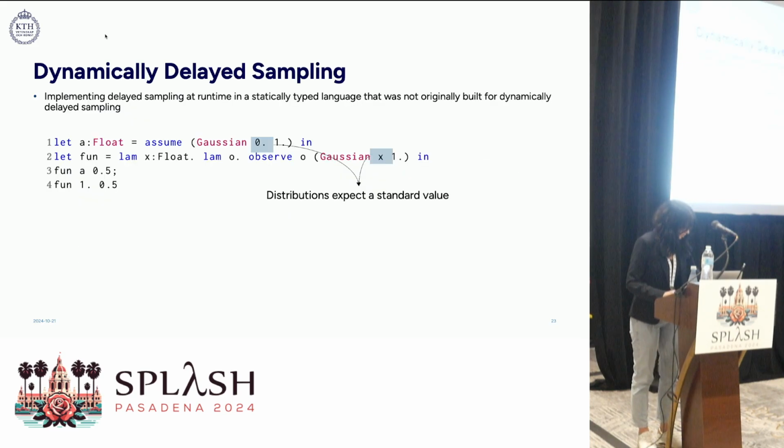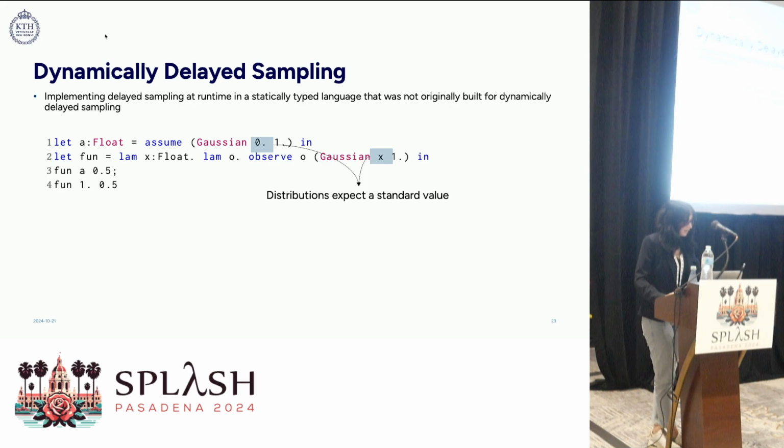The second contribution of this paper is implementing dynamically delayed sampling in a statically typed language. The problem is, let's say we have this example where first we sample from a Gaussian distribution and bind it to a variable A. Now A should be a float because it returns a value from a Gaussian distribution.